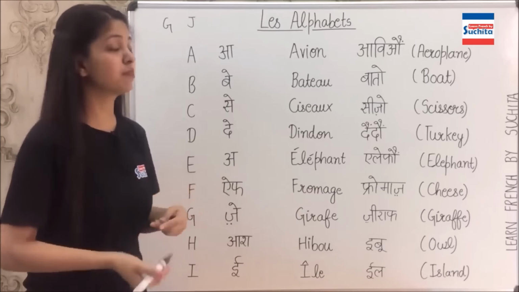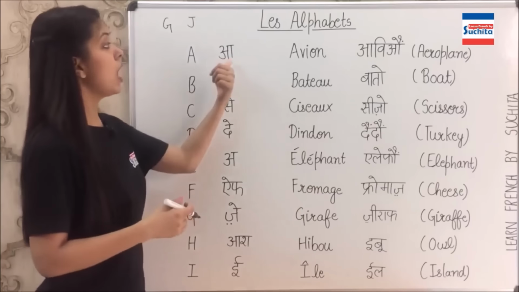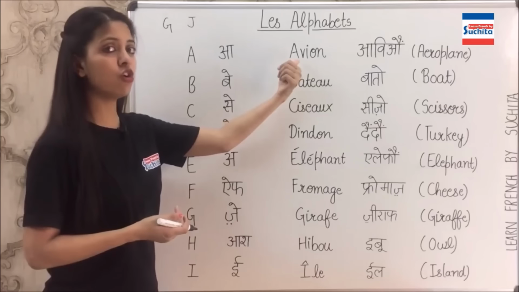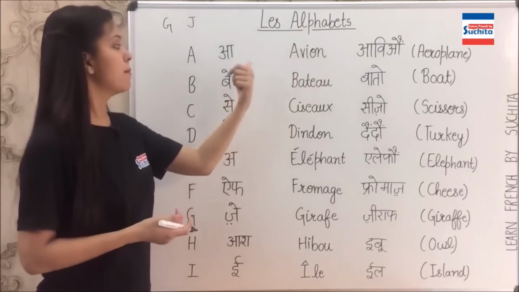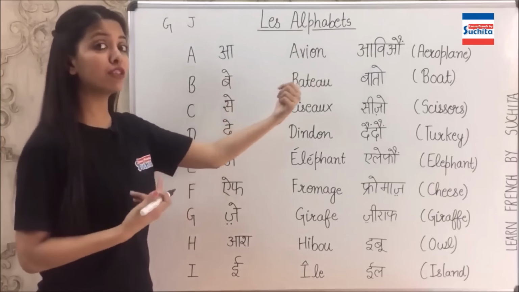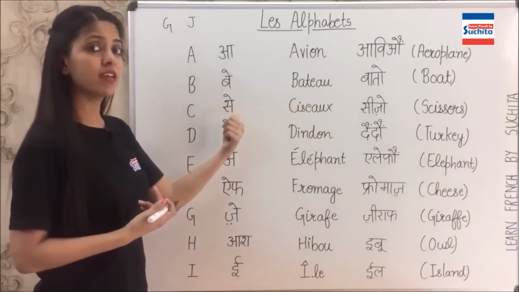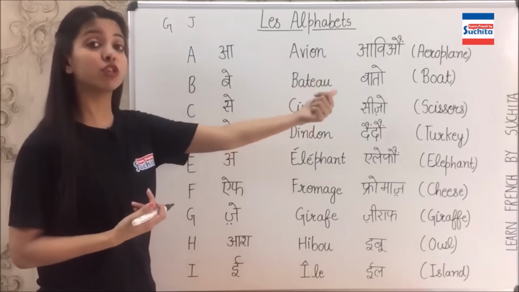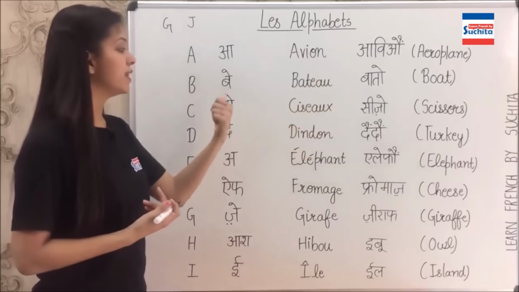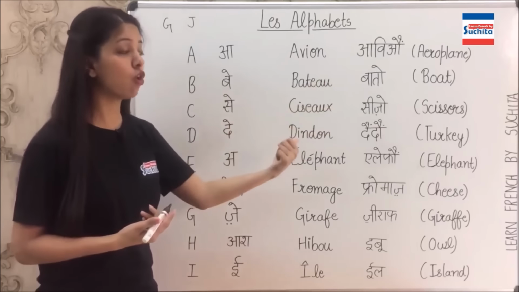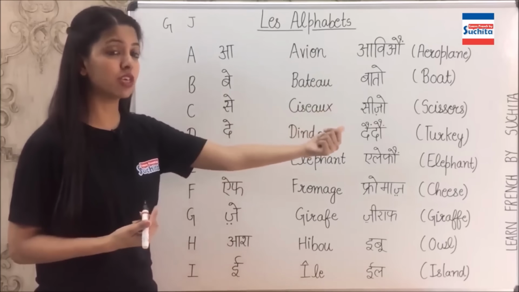On les répète. Repeat after me. A, avion, aeroplane. B, bateau, boat. C, ciseau, which means scissors. D, dindon, which means turkey.